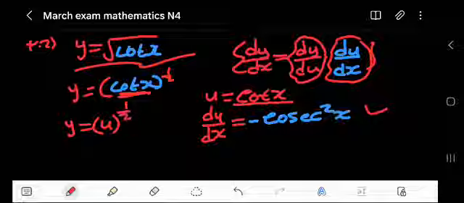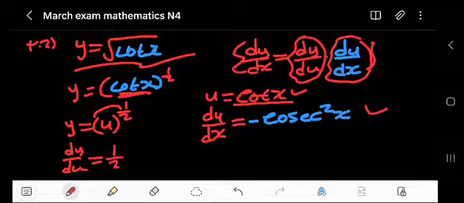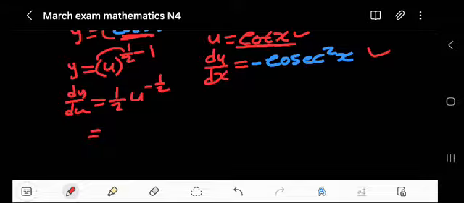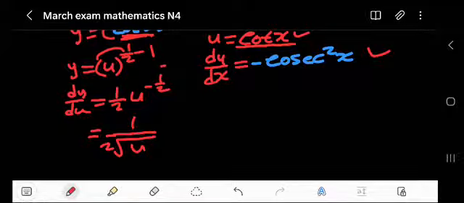So dy over du: you drop the exponent, which is 1 over 2, and subtract 1, so we have negative 1 over 2. This is the same as u to the minus 1 over 2.